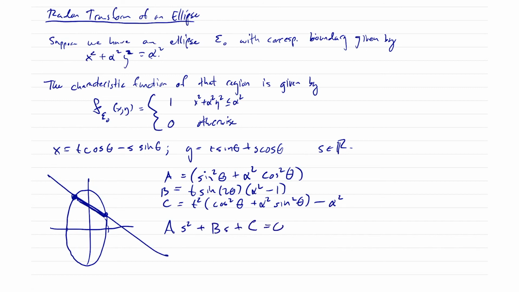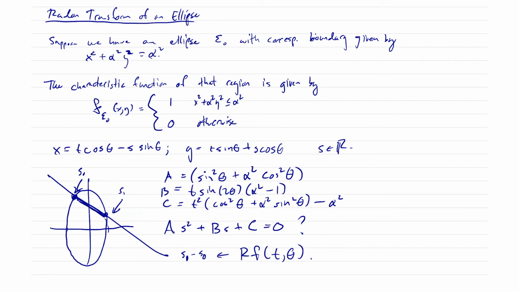That gives me these two points, s naught and s1. Taking the difference s1 minus s naught gives me the length, or the integral, because otherwise the integrand is just 1. So this ends up being the Radon transform of f at t comma theta.